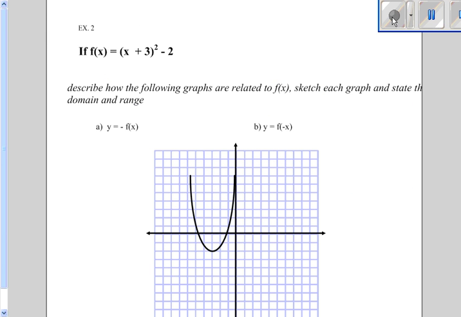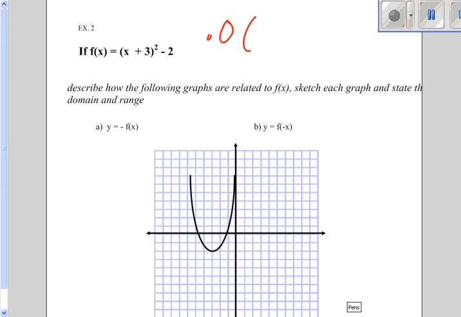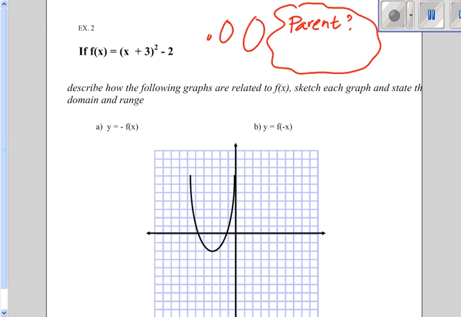The next question is very similar. We have f at x equals x plus 3 squared, subtract 2. And we're going to look at minus f at x and f at minus x. What is my parent function? It is a parabola.